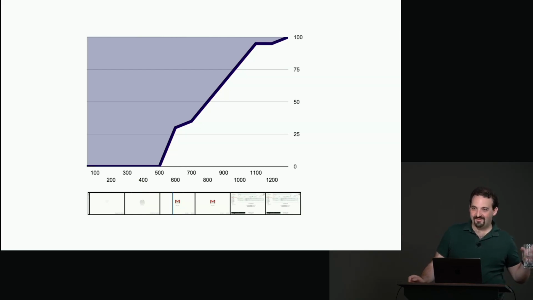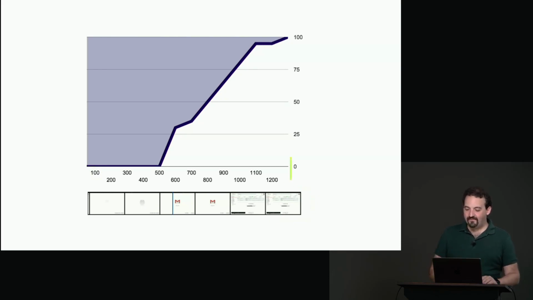So on the x-axis we have time, in this case in milliseconds. So 100, 200 milliseconds, right? And then we have screenshots at the bottom. So we see screenshots of that website over time.